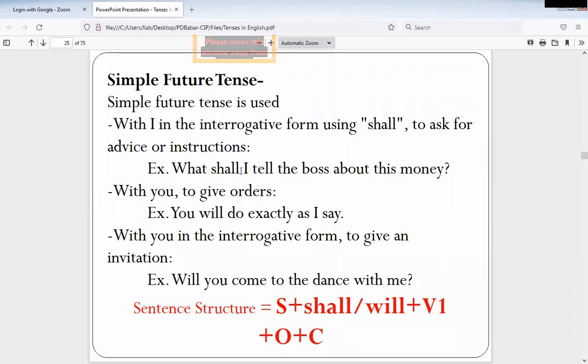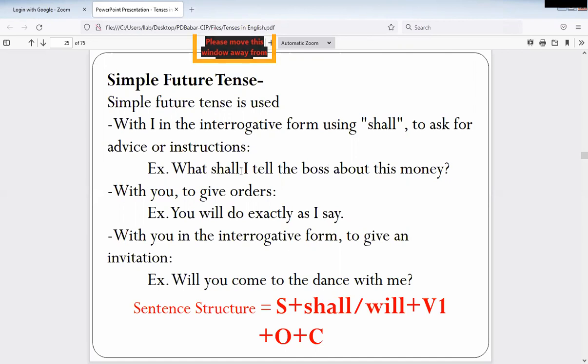This is important. For asking advice or instructions, we use shall after I.